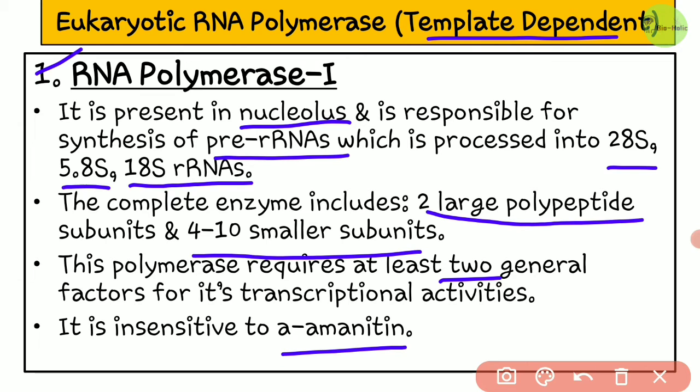What is alpha amanitin? Alpha amanitin is a toxic cyclic octapeptide, or I can say a toxic substance found mainly in Amanita mushrooms, which is used mainly in laboratories. So it is insensitive to alpha amanitin.